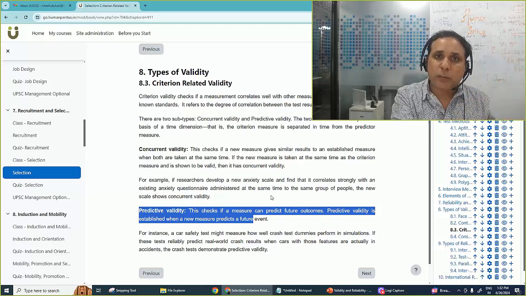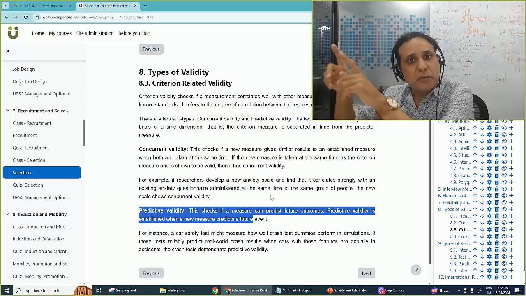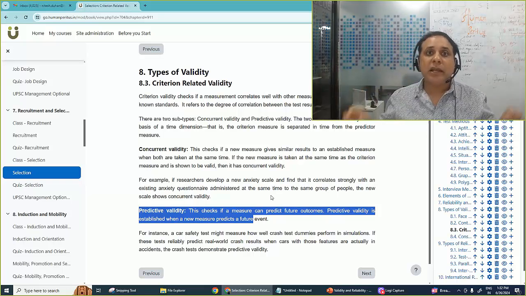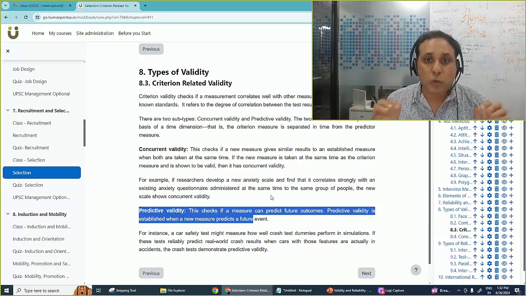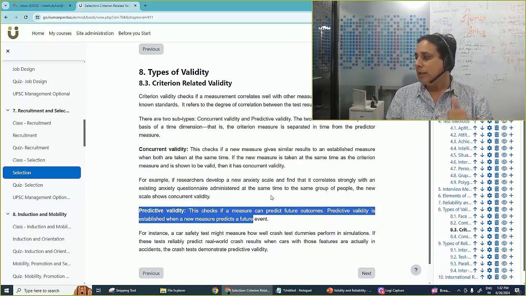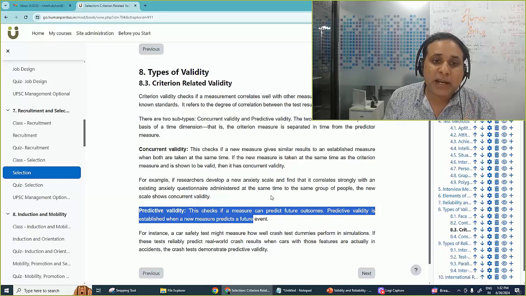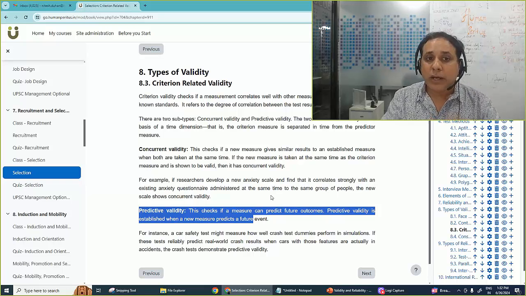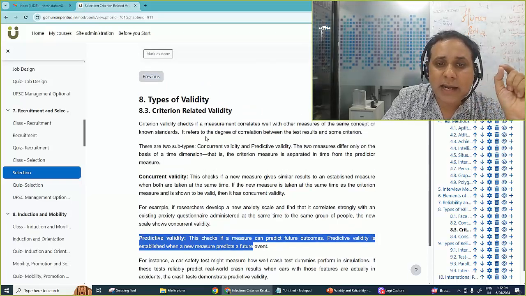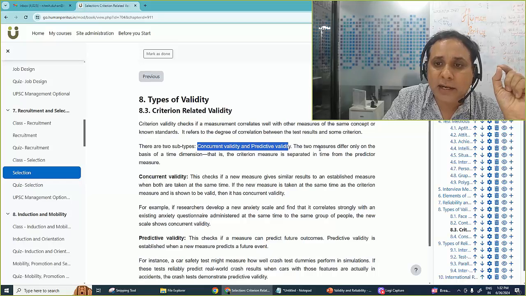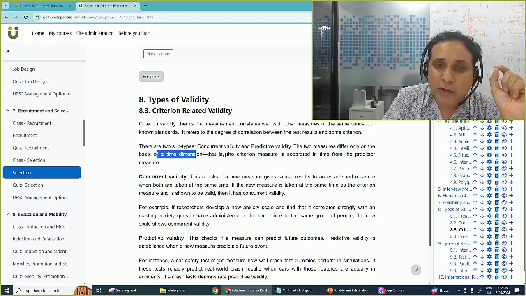If these two data points, the score in the test for the sales job and the actual sales data after 1 year, have strong positive correlation, then yes, it has predictive validity. So guys, these concurrent and predictive validity differ only on one dimension, which is what?